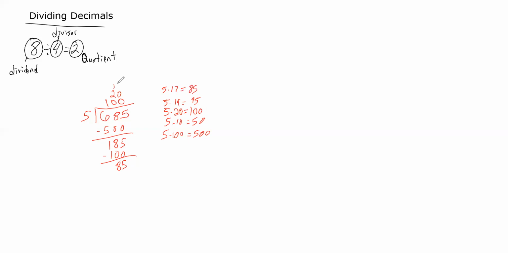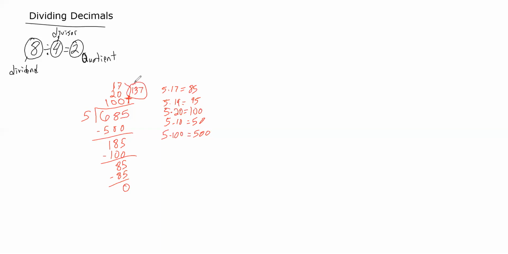So let's put 17 more groups of 5 in and subtract 85 from my total, giving me a remainder of 0. Just need to add these up. So 100 plus 20 is 120, plus 17, so 120, 130, 137. So the total here is 137.